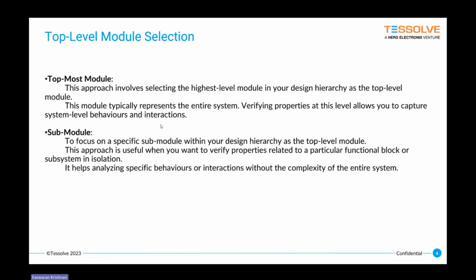In the topmost module approach, the highest level module of the design is taken as the top level module, so we will be verifying system level behavior and interactions. But in the submodule approach, a specific submodule of the design is taken as the top level module, and properties related to this particular function blocks or subsystems will be verified.